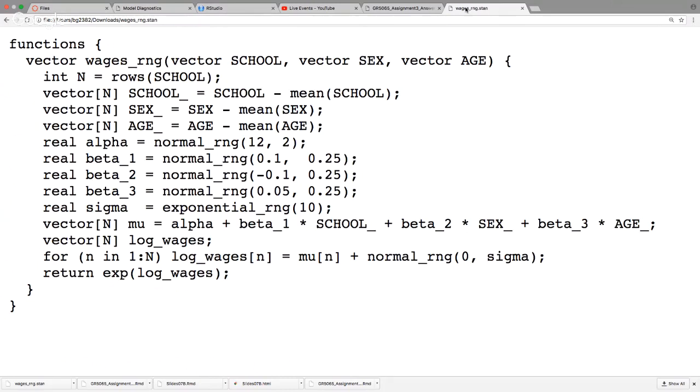Right. So, well, you know, you're exponentiating. So whatever goes into that is going to be exponentiated. Whether that's reasonable or not depends mostly on what are the prior values that you use for these. So a log wage of 12, I think it's like 45,000, something like that.